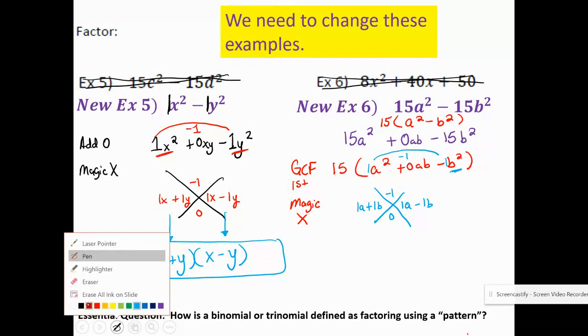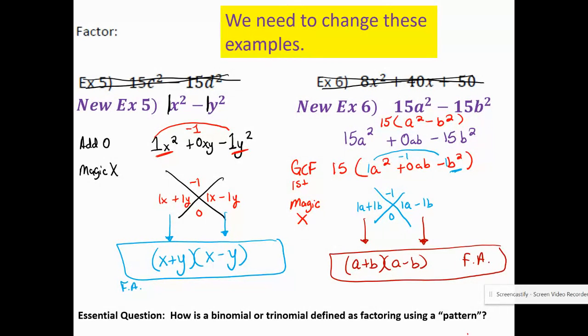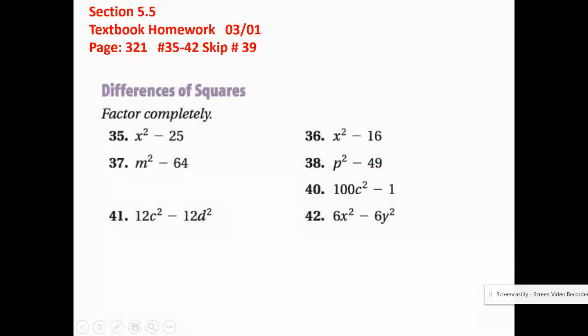Okay? And that would be our final answer. A plus b and a minus b. There are 2 problems just like these at the end of the homework where you have the extra letter in the back. Okay? I think we're done.